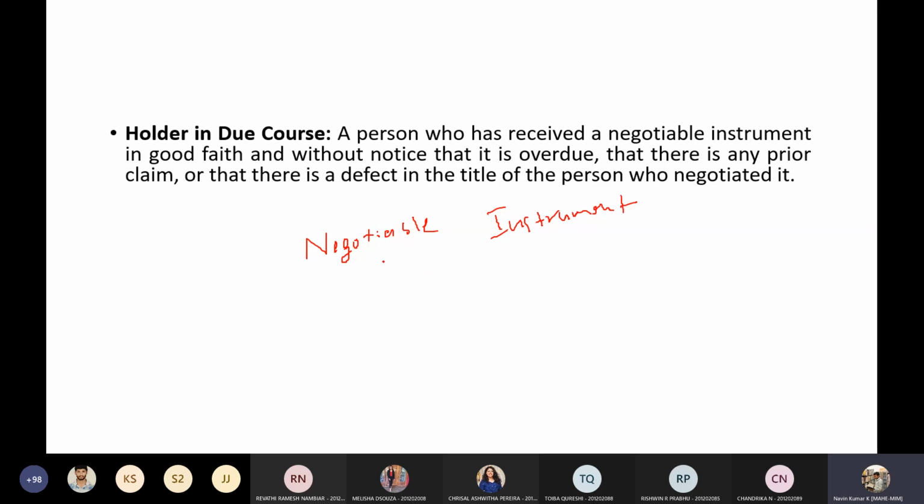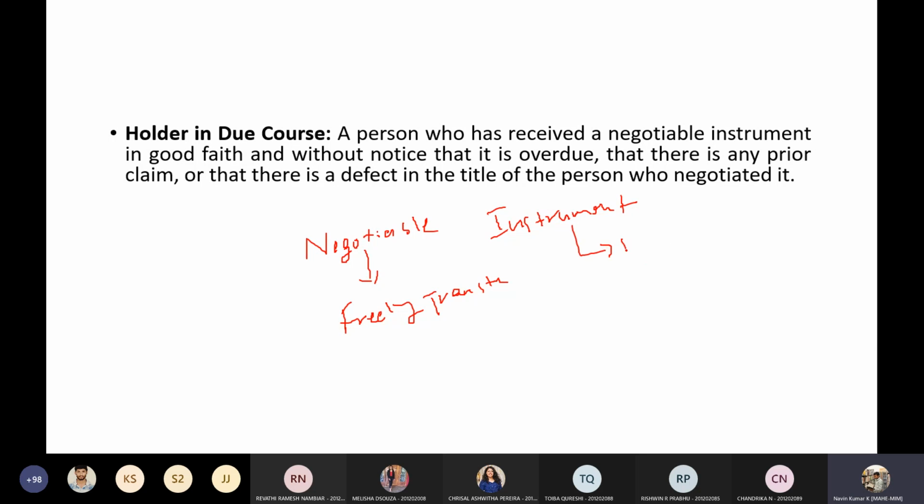What do you mean by negotiable? Negotiable means freely transferable.